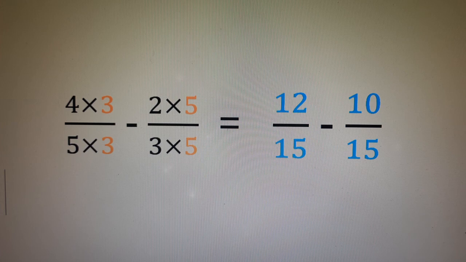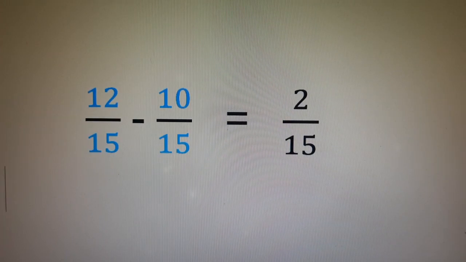Both denominators are the same, then we can simplify their numerators. Then finally, 12 minus 10 equals 2, denominator 15 remains the same. So final answer is 2 over 15. This is the simplest answer.